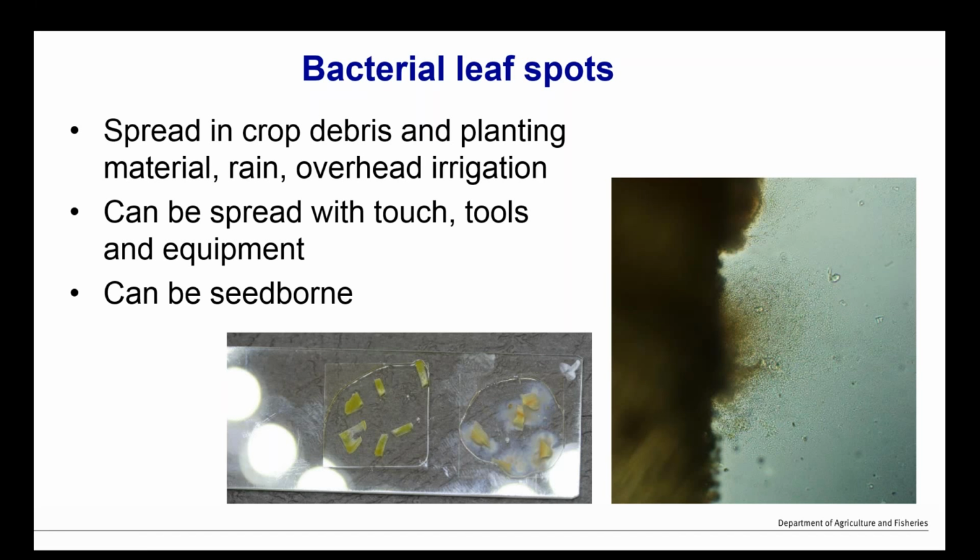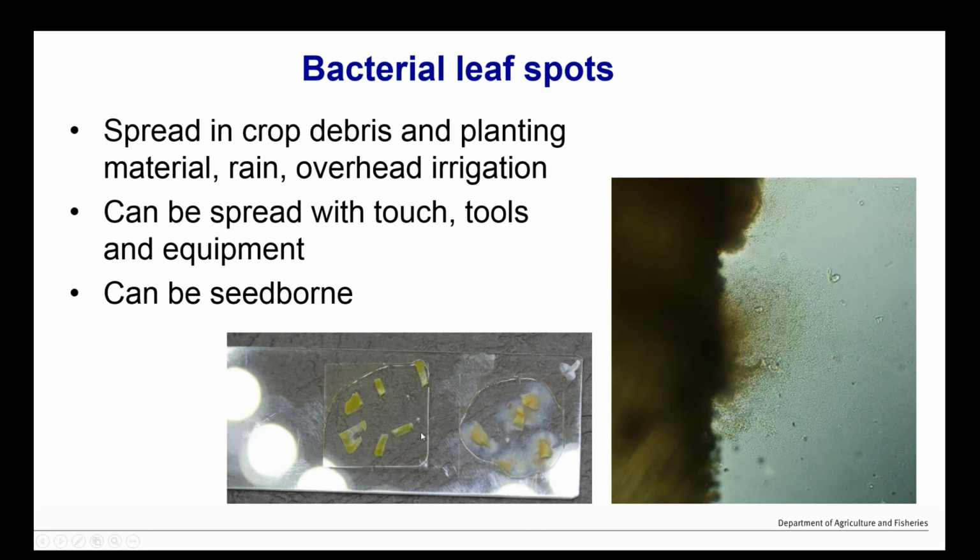So you can see it at a higher magnification. If you put a small bit of infected plant material on a slide with some water, sometimes you can see a large amount of bacteria come out, and that's what this sort of milky, viscous liquid is here.